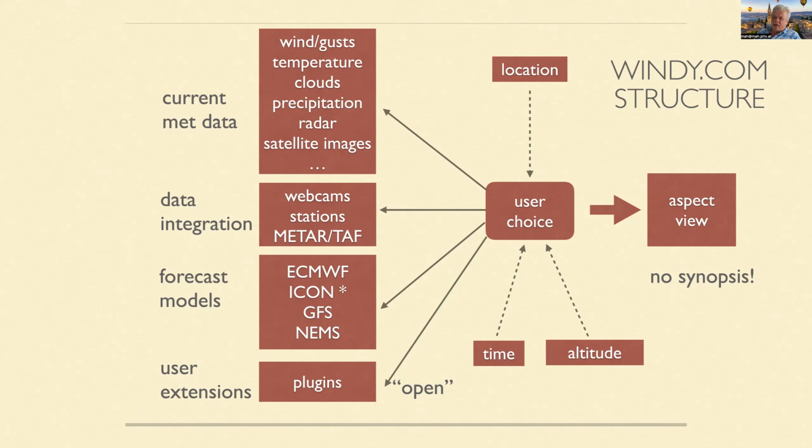Now, if we look a little bit more closely at what types of layers are available, by the way, there's a ton. There are at least 30, maybe 50 different layers there, but they roughly fall into the following categories. First, current observational data, current meteorological data like wind observations, average wind gusts, temperature, clouds, radar coverage, very important, satellite films and the like.